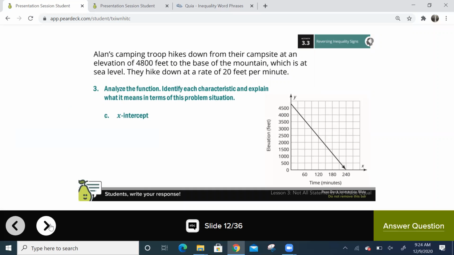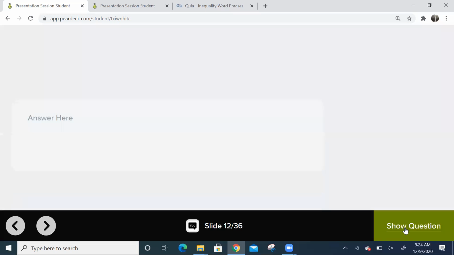How about the x-intercept? The x-intercept is going to be down here. It looks like that's when they get to the base, which is at sea level. Sea level will be 0 feet above ground, and it's 240 minutes. So it takes them 240 minutes to get all the way to the bottom.